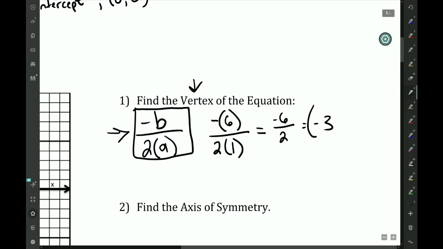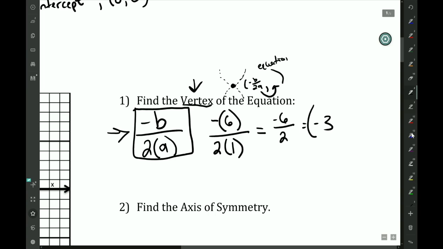Now, the vertex is the bottom or the top of the graph. So we have an xy pair, and this is negative b over 2a. To find the other piece, you have to plug it back into the equation.